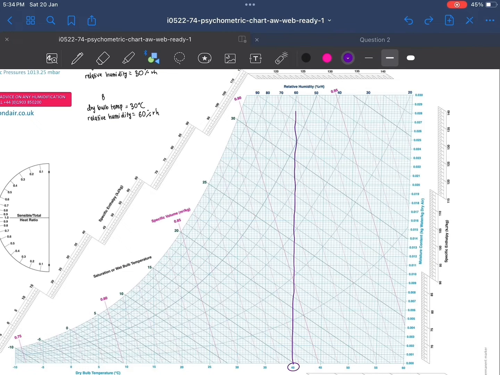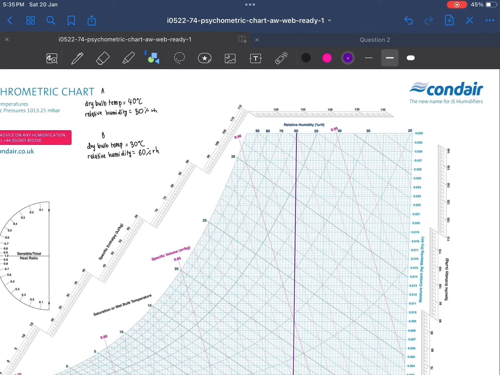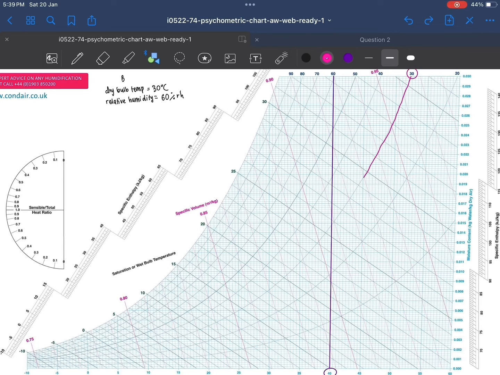Let's start with air A. Draw the line for dry bulb temperature at 40 degrees Celsius. Make sure that the line is straight, and then draw a curve at 30% RH, the curve for relative humidity. Make sure that the curve is really touching the scale.